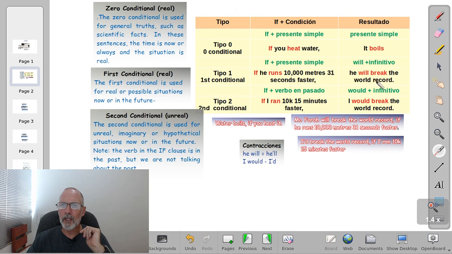This time this bit is first and this bit is second. And the last example, I'd break the world record if I ran 10k 15 minutes faster. It doesn't matter. If I ran 10k 15 minutes faster, I would break the world record. I'd break the world record if I ran 10k 15 minutes faster.